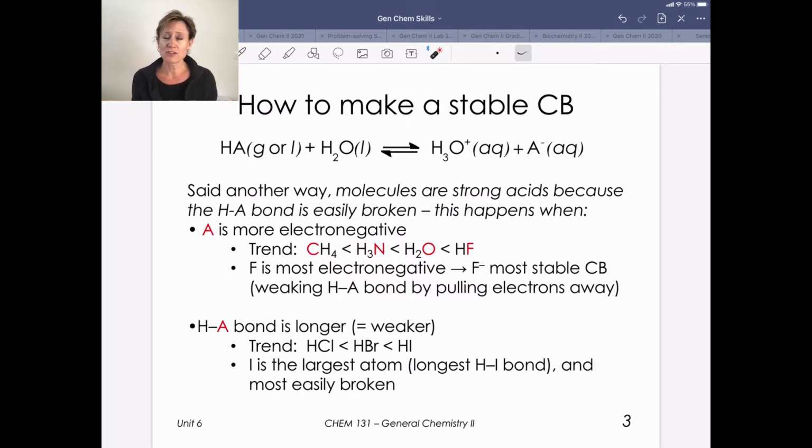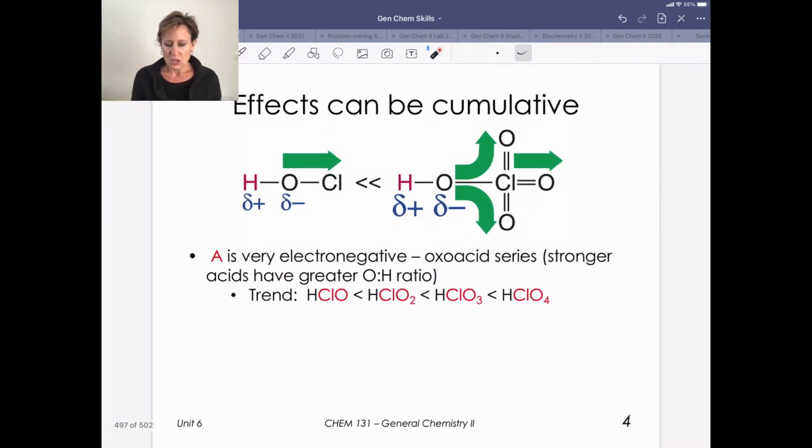So we can use a lot of the trends that we've already had to explain some of the acidity phenomena that we see. These effects can also be cumulative, and we can have effects from multiple sources. When we think about the electronegativity of A, when we have multiple oxygen atoms contributing to that phenomenon, that can help us explain this oxoacid series.